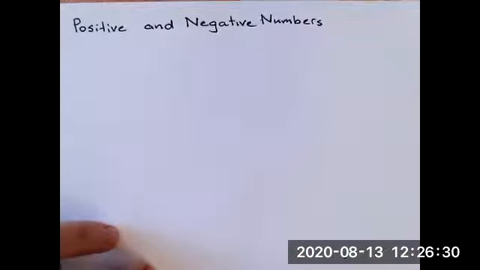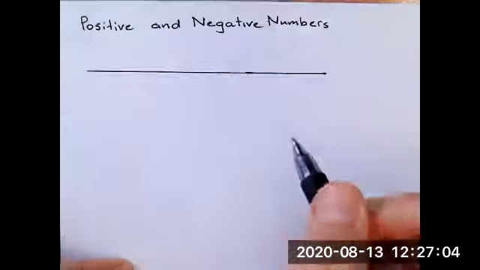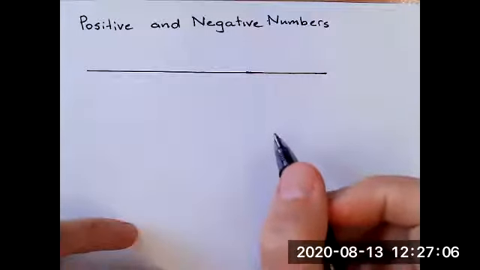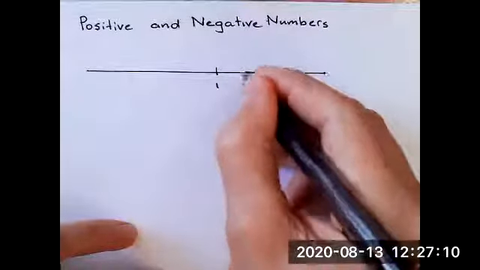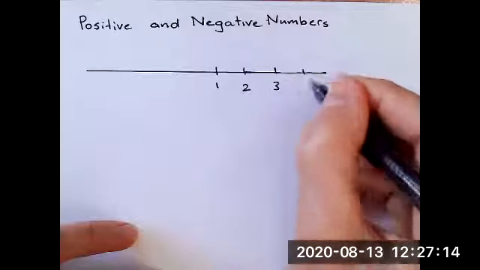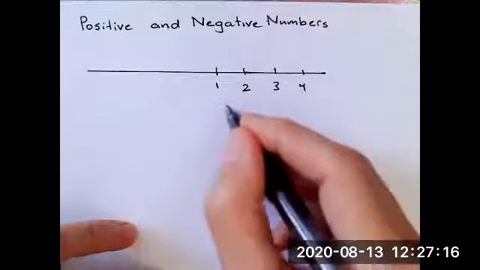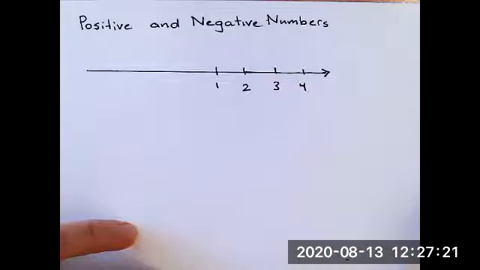All right, let's draw a number line. The natural numbers or counting numbers are 1, 2, 3, and so on. They get bigger as you go to the right. They go on forever.